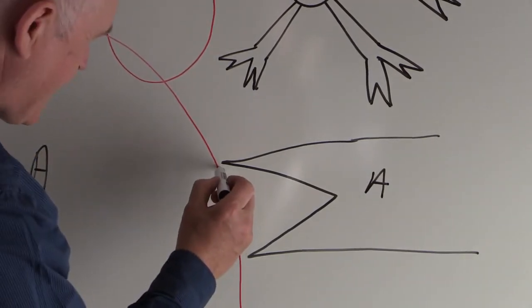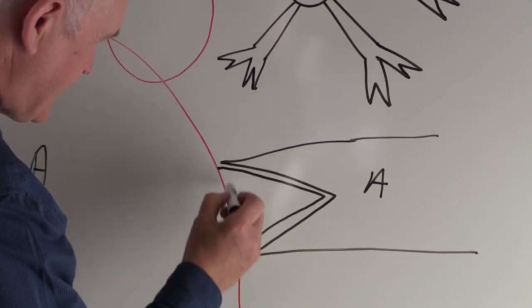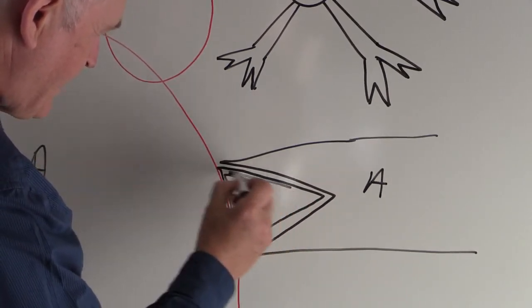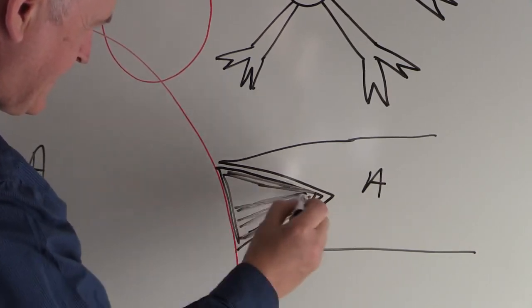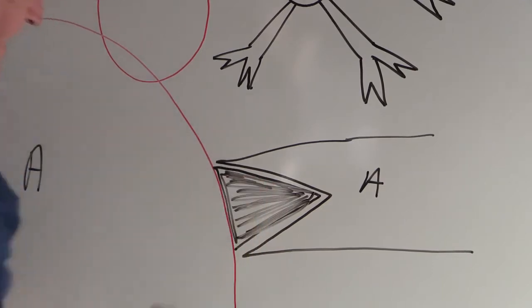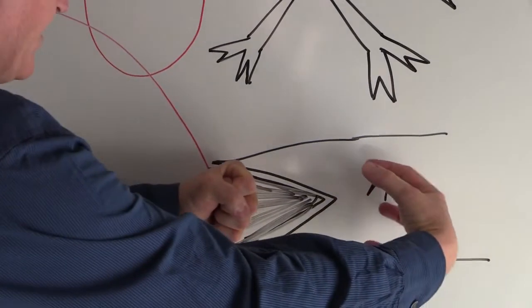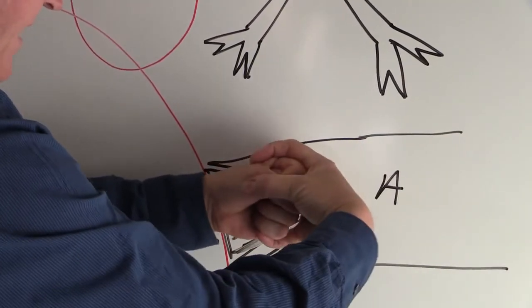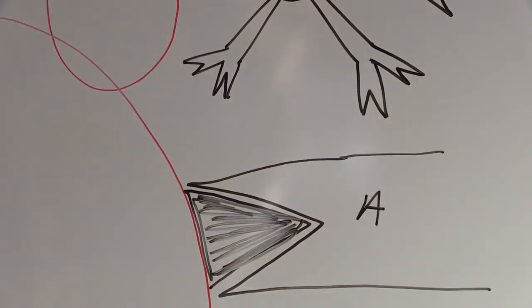And on the surface of the A red cell, we have these A antigens. And we can see that fits perfectly into the A antibody. And once that has fitted into there, that is going to grab it and not let go. That's going to form a secure bond.